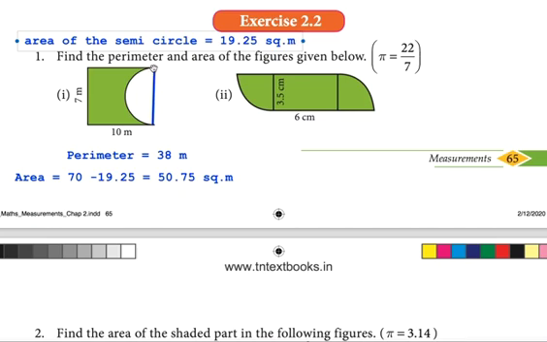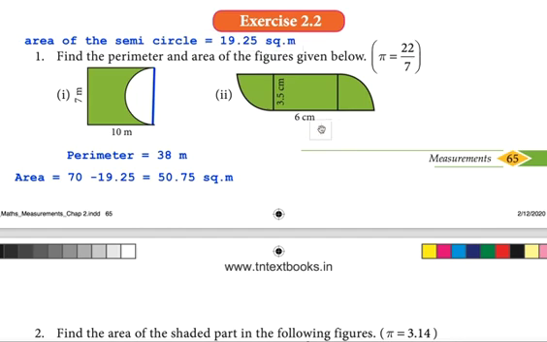Pi d by 2, pi d by 2, 22 by 7. No, we didn't make a mistake. Here also this is pi d by 2, pi into d is 22, by 2 is 11. So this portion plus this portion came to about 11.